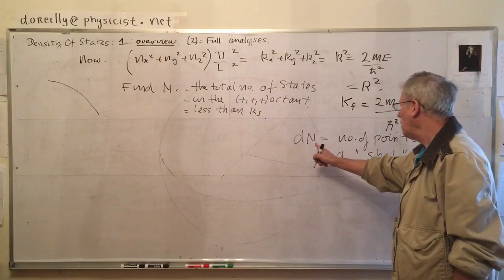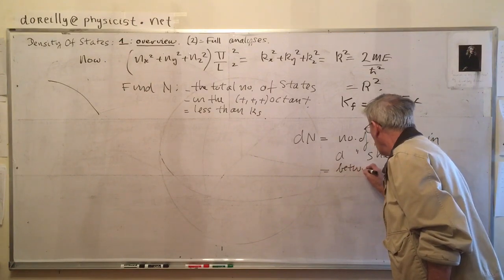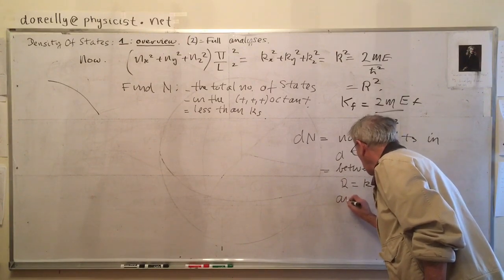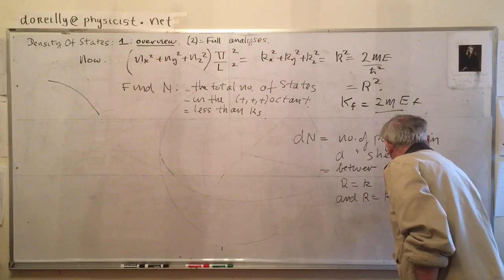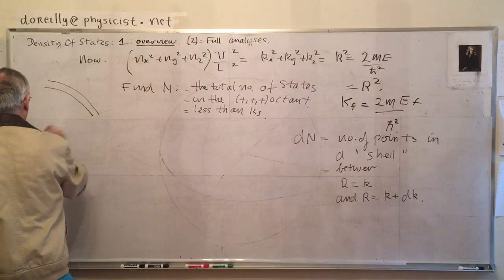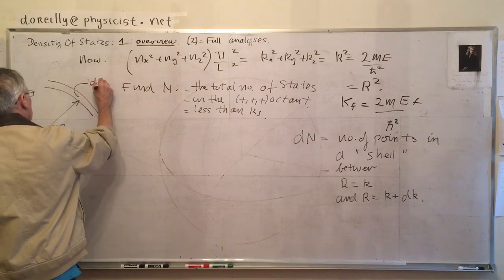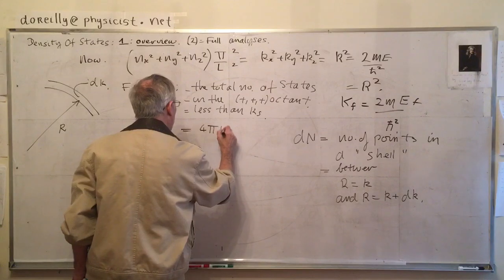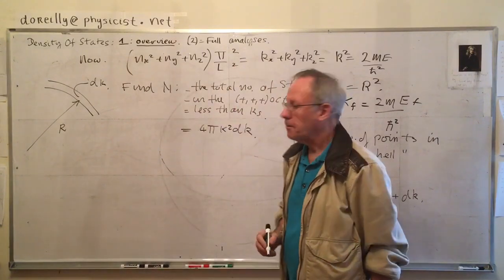We're going to find the number of points in a shell between k and dk. Well, we know that it's going to be the area of the shell, 4 pi k squared dk. But let me show you why that's the case.